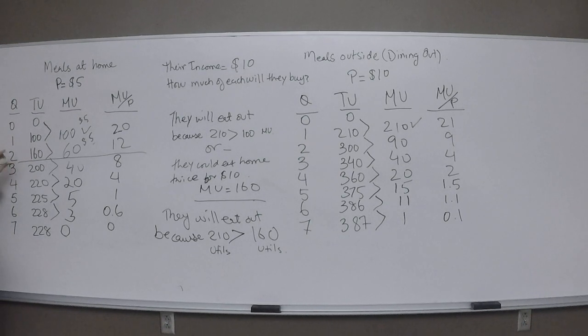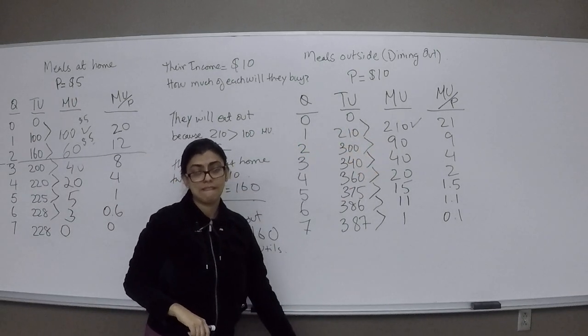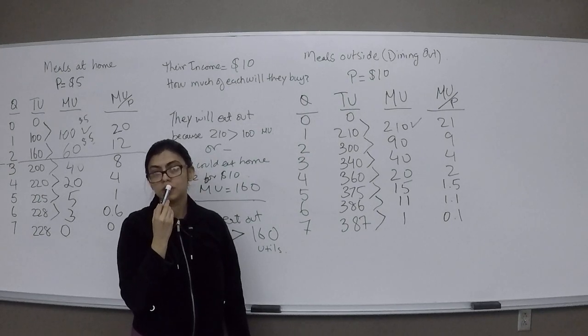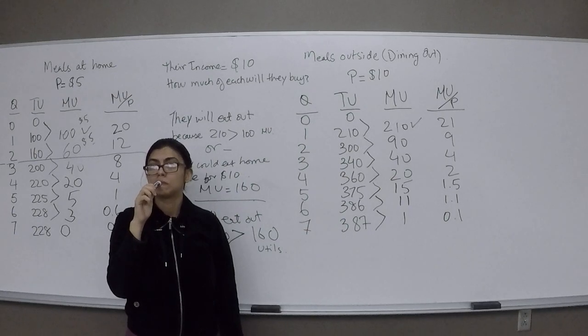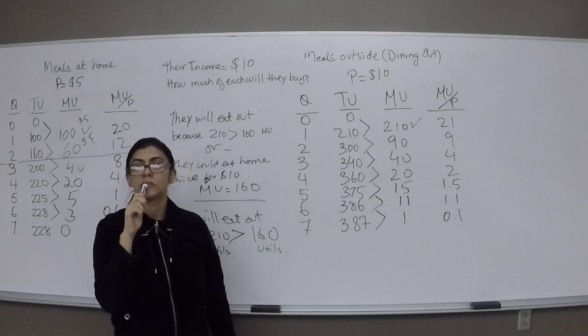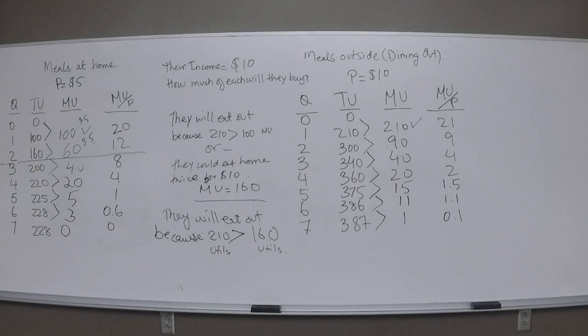No. Even with more quantity, even though you're having two meals, the marginal utility is lower compared to the marginal utility of one meal here. Any other question so far? So we're always looking for the greater marginal utility. Yeah, so far I just want you to look at that.